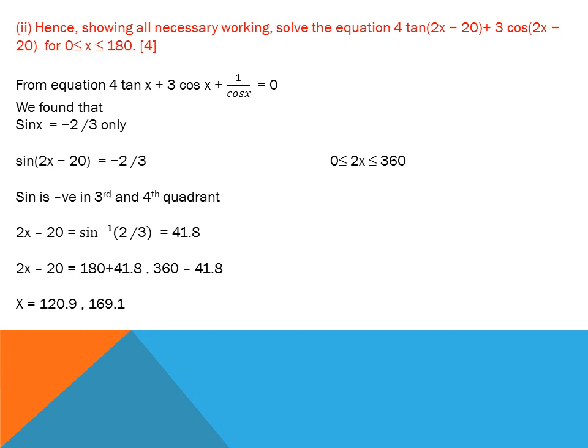So sin(2x minus 20) is equal to minus 2 by 3. The negative sign only indicates that the angle lies in the third and fourth quadrants, because sine is negative in the third and fourth and positive in the second quadrant.